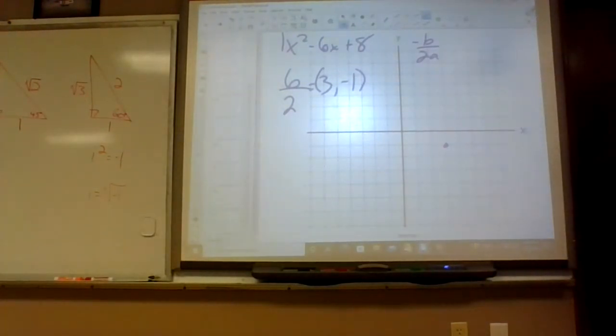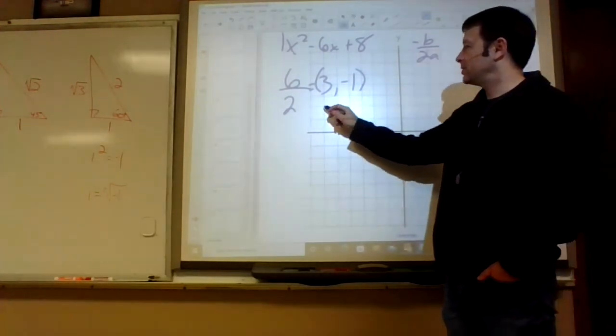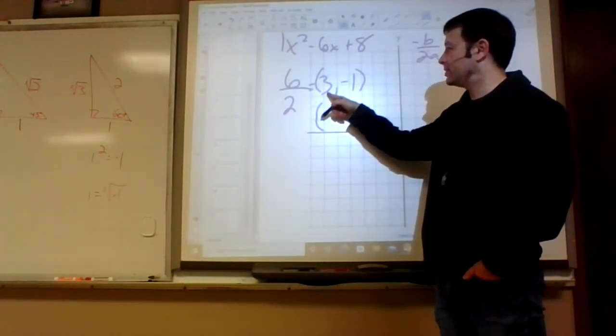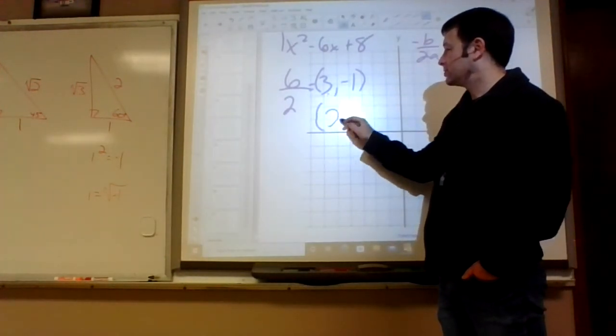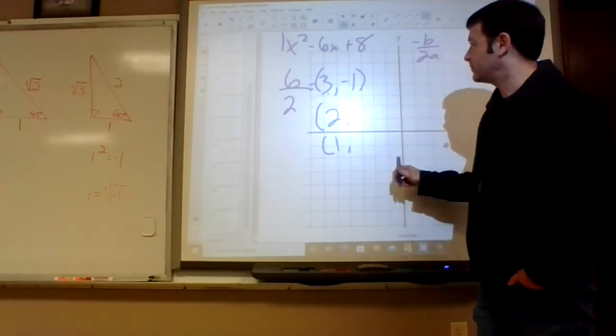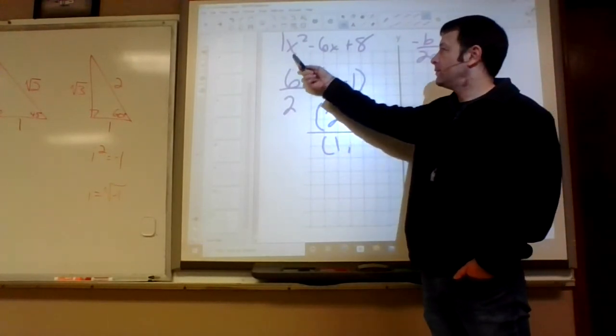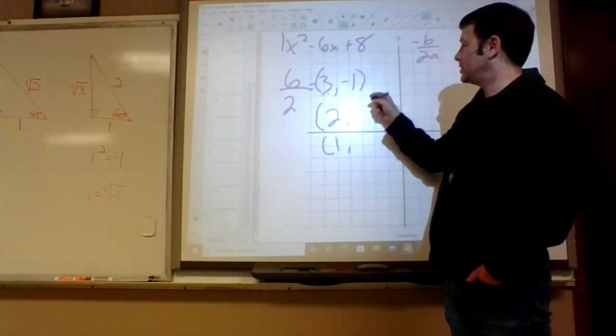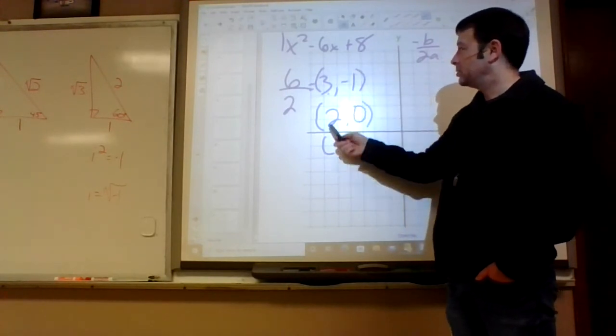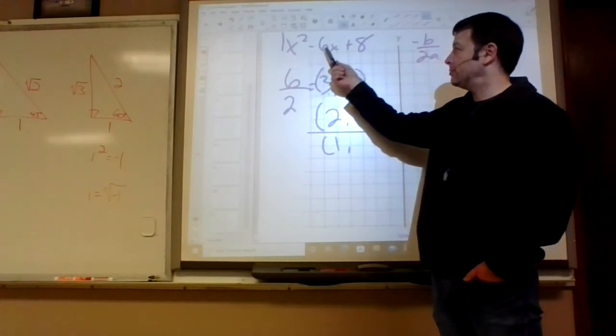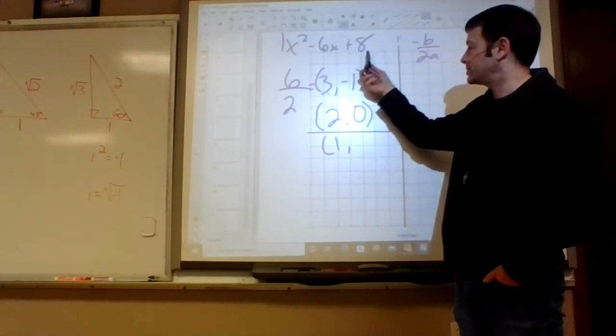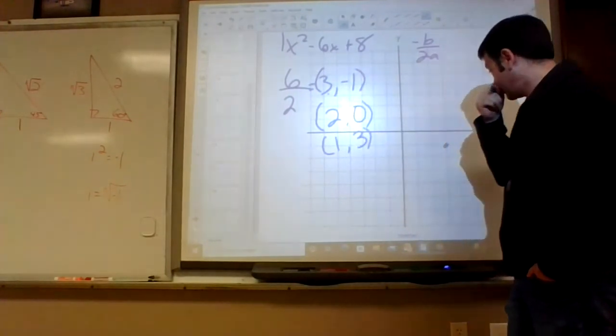That's the vertex. How do I find the other points? You plug stuff into it. Plug other stuff in close to the x coordinate of the vertex. So let's plug in 2 and 1. If I plug in 2, 4 minus 12 is -8 plus 8, 0. 1 squared is 1 minus 6, -5 plus 8 is 3.